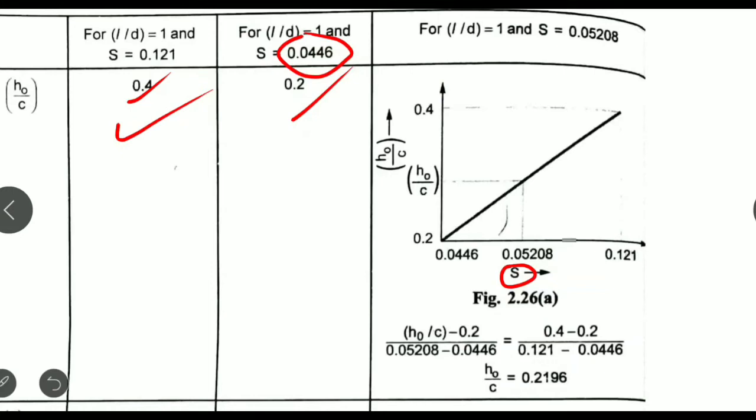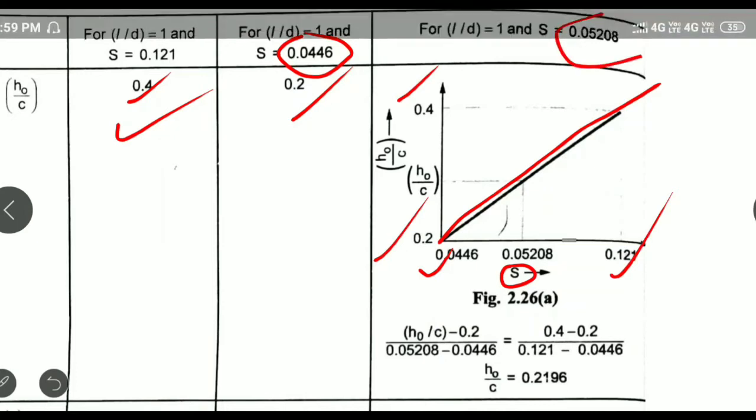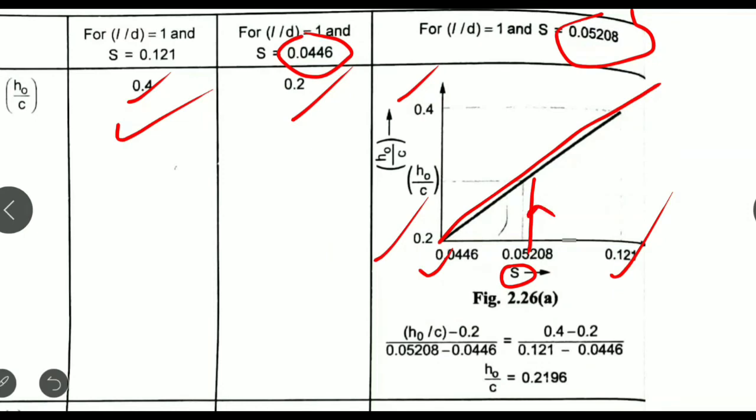Always remember, the graph is directly proportional, as shown here. This is the lower limit, this is the upper limit on the x-axis, and the same on the y-axis. Now we need to calculate for this value 0.05. I have mentioned it here roughly. If I know this value, I can project it and get H0 by C.